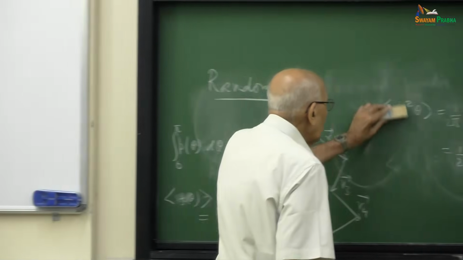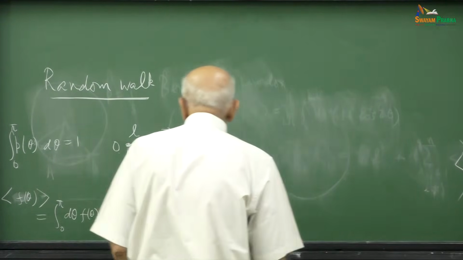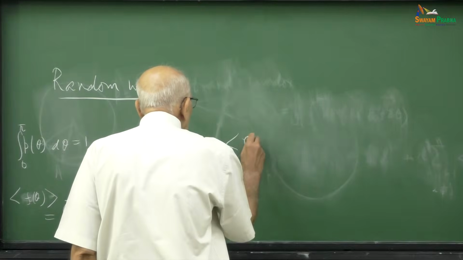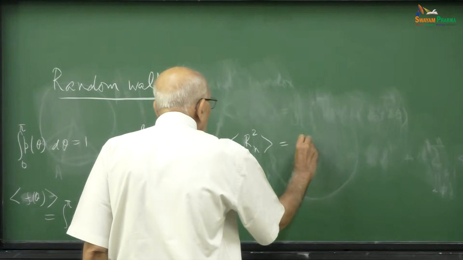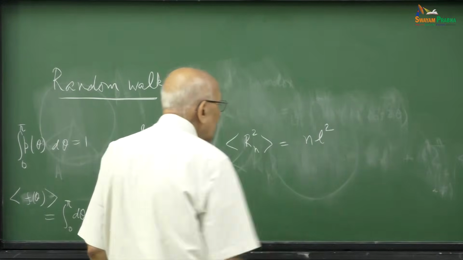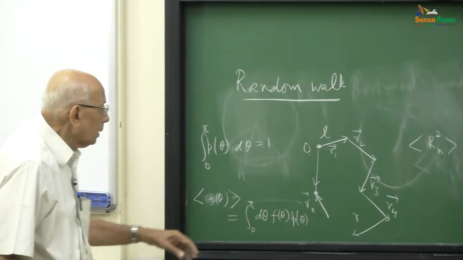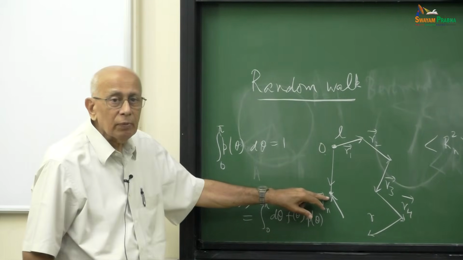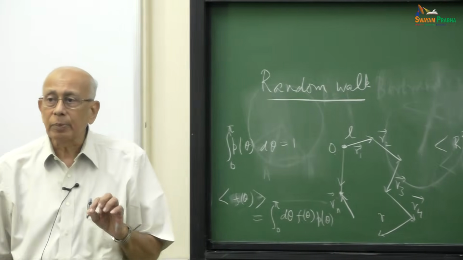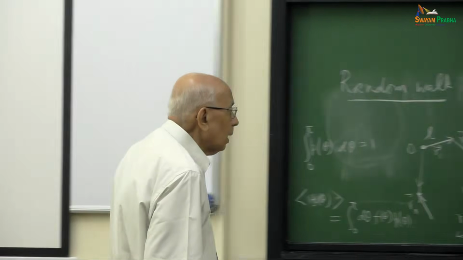Okay, coming back to our problem, we found out that R_n squared equals n L squared. So we found that the mean squared distance from the starting point to the end point at the end of a random walk of n steps, taking one step every unit time, is n L squared.